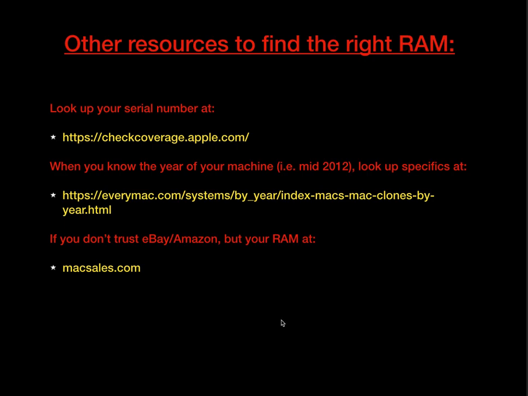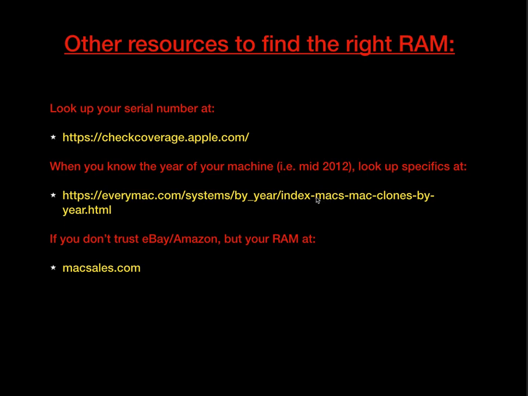So other resources, like if this didn't help you or you just want to be extra sure about what you're doing, you can look up your serial number at this Apple website, and it will tell you the year of your machine, for example, mid-2012. Then what you can do is go to everymac.com, which is an absolutely wonderful website, look up an index of MacBooks by year, and it'll give you all the MacBooks for that year.